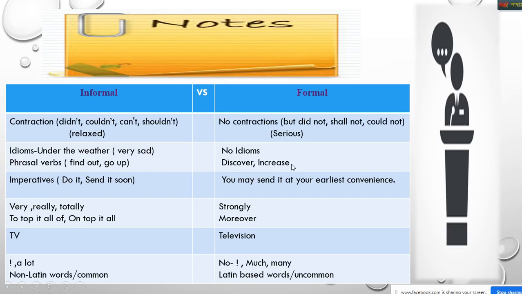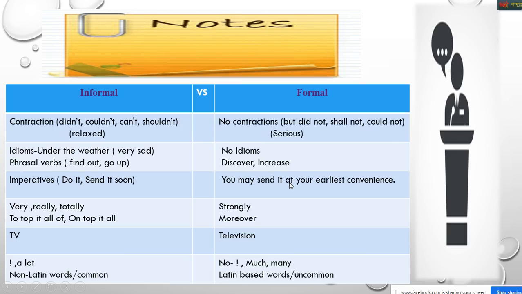Go up, you can convert to increase, because it has the same meaning. And then imperatives, like do it, send it soon. You can write whatever you like in your informal letter, but in a formal letter you are not supposed to use any imperatives, such as do it, send it soon.